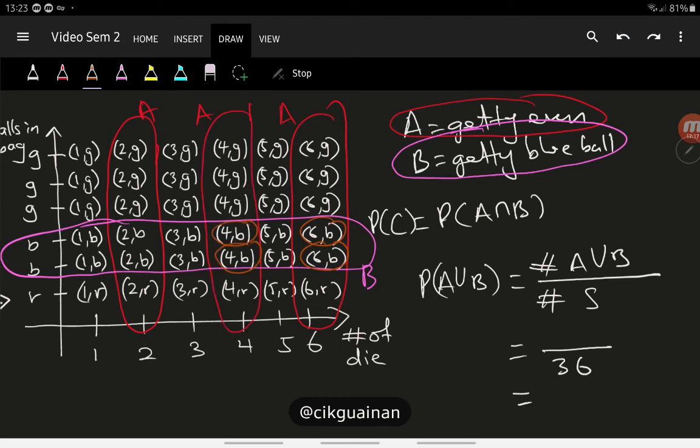So now on top of the brown I already circled, 6 of them, we are adding the ones that are in A and B, which means this one also take, this one also take, this one also take.